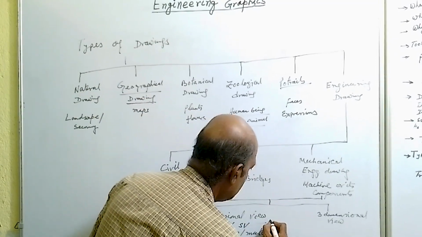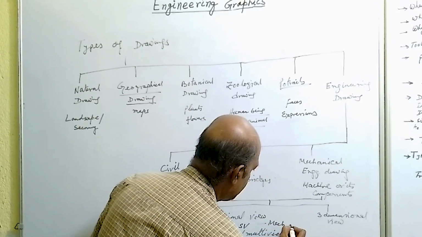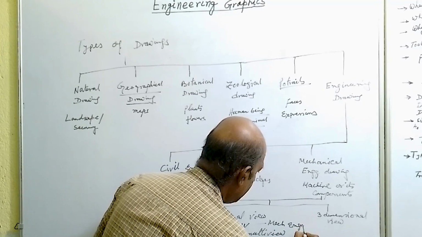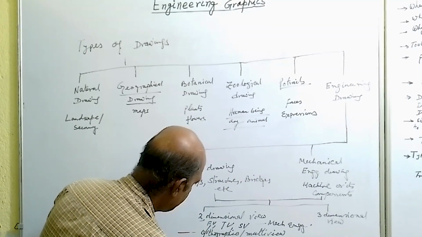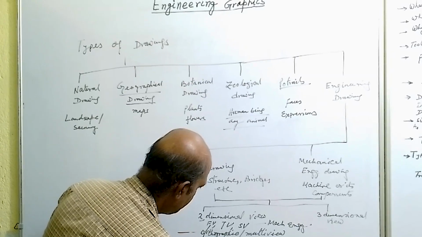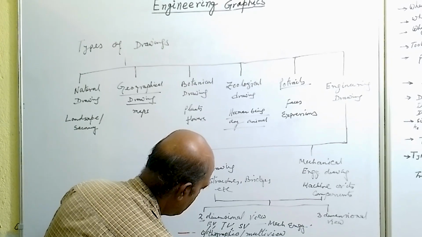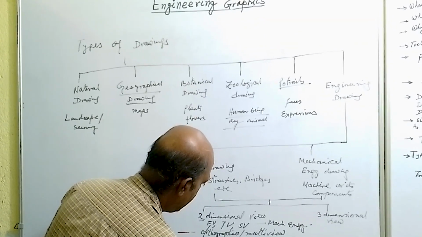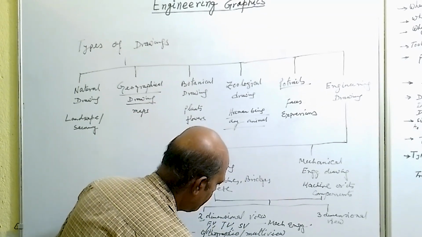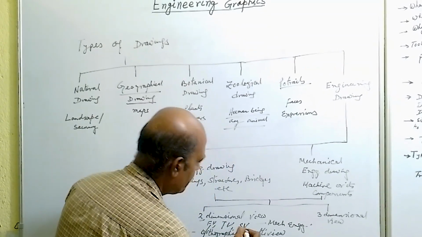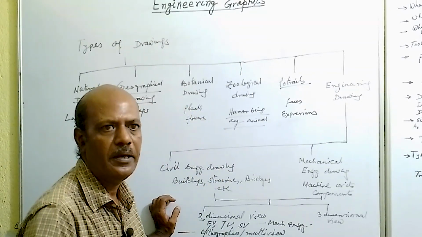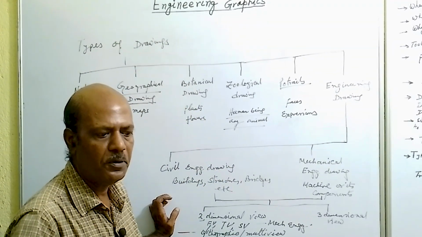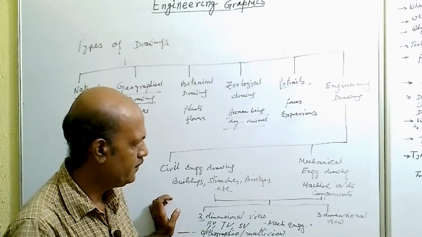But in civil engineering, this front view is called elevation and this top view is known as plan and side view is called side view. So side view again may be left hand side view or right hand side view.